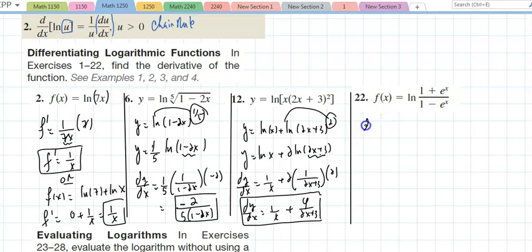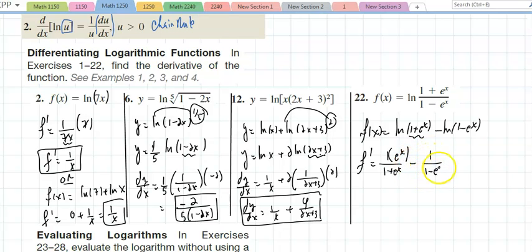And here again, I could say f of x is natural log of (1 plus e to the x) minus natural log of (1 minus e to the x), because you're dividing, if you recall, and f prime would be 1 over (1 plus e to the x) times the derivative of this, which is e to the x, minus 1 over (1 minus e to the x) times the derivative of that, which is negative e to the x.